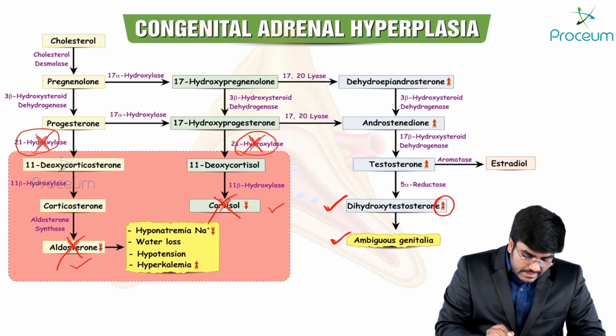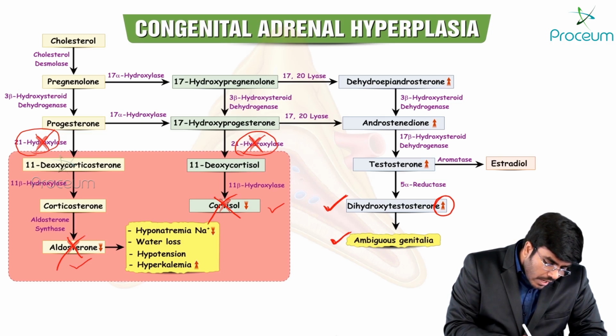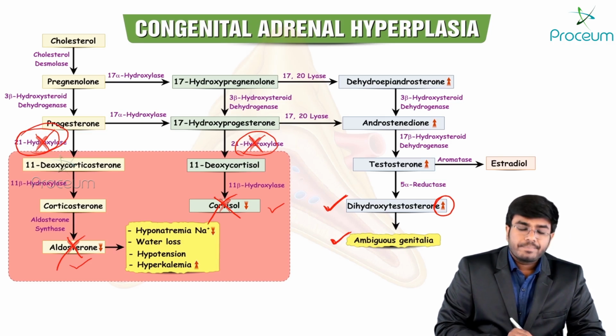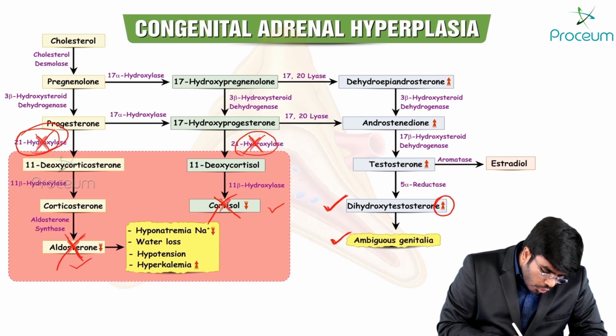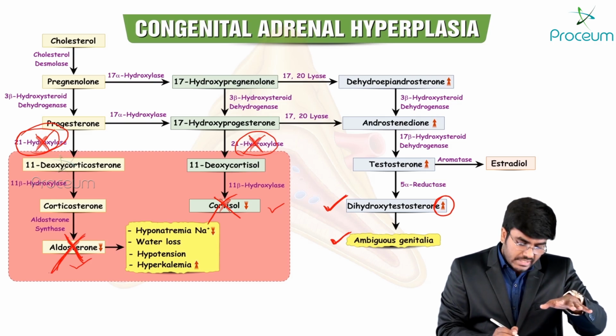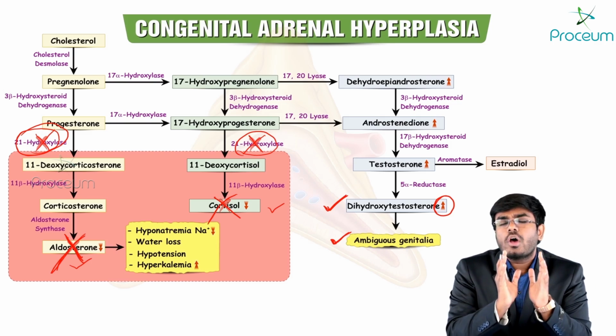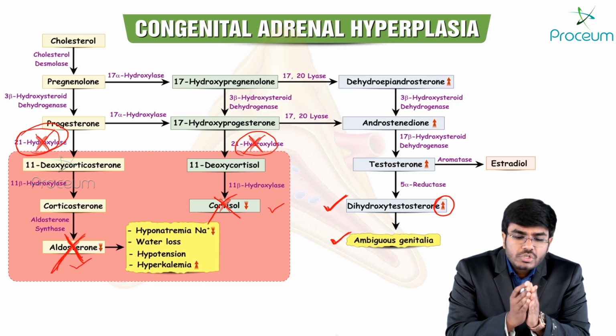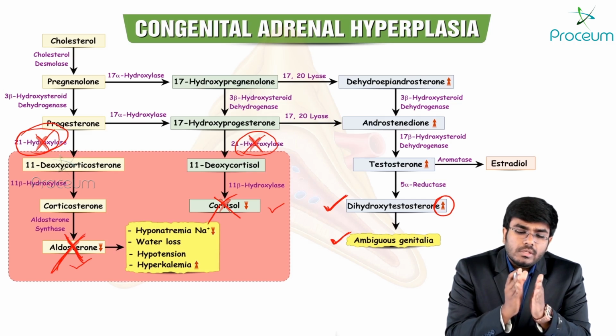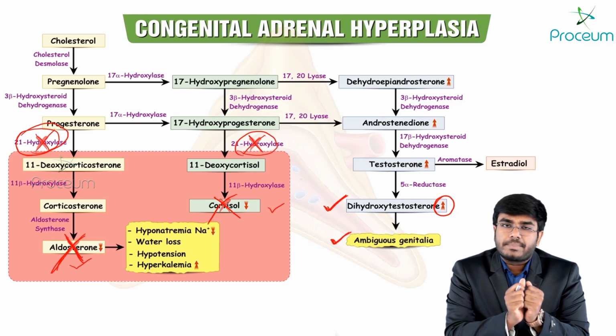Now, please concentrate, guys. Because of the absence of 21-hydroxylase, aldosterone production is decreased. Whenever there is no aldosterone, what happens? First of all, what is the normal function of aldosterone? Aldosterone helps in sodium and water retention.